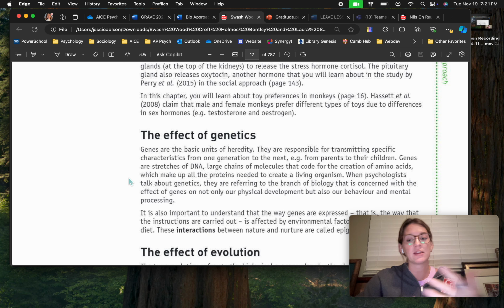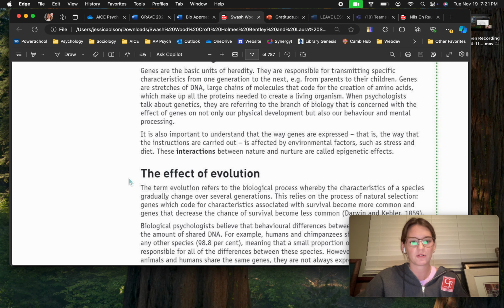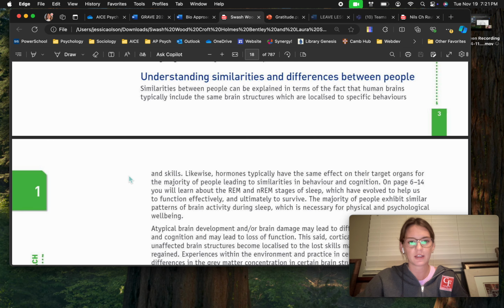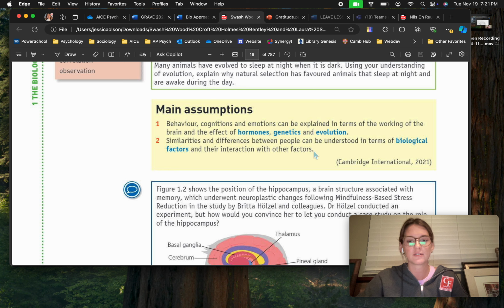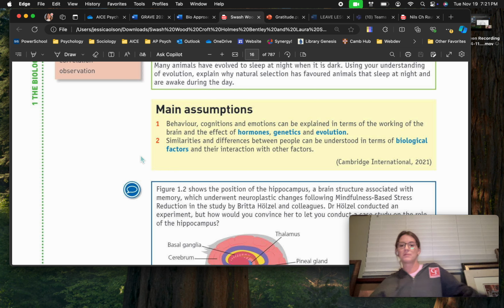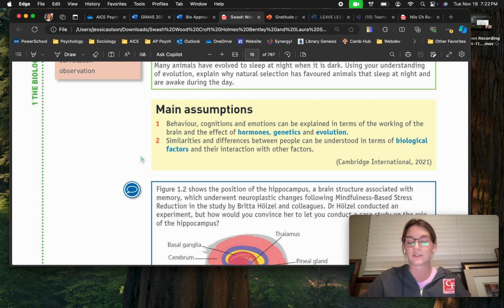But you could have used any result or any conclusion. You could also, if you wanted to stick with the second assumption, say similarities and differences between people can be understood in terms of biological factors. What are our biological factors? Hormones, genetics, evolution, hunger level, eye movement, right?